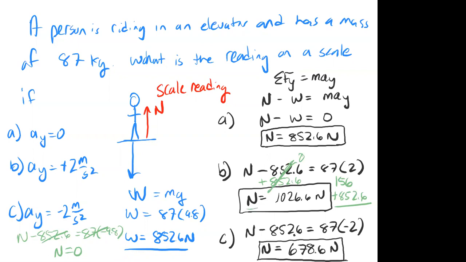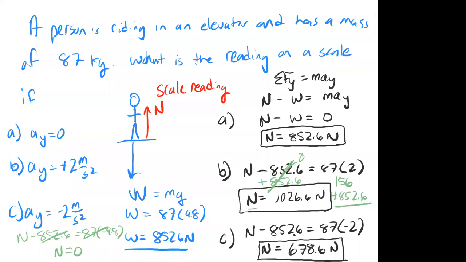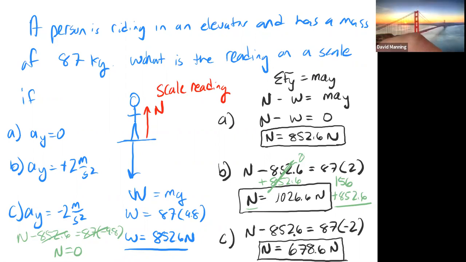But 876 plus 852, that's a pretty big number. Where are you seeing 876? Wouldn't that be how you'd have to solve for the right side of that equation? Well, what's 87 times 2?